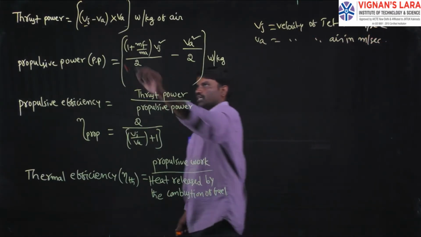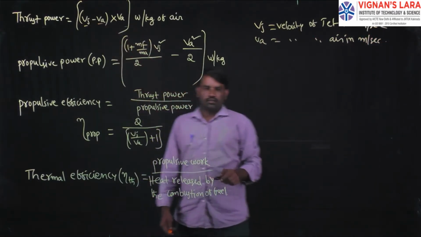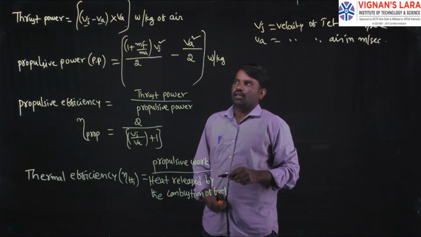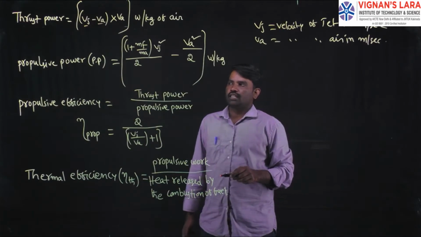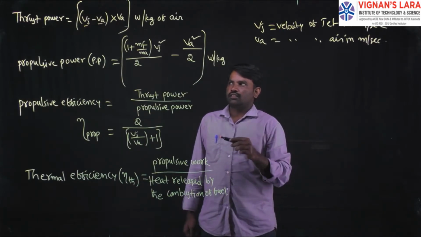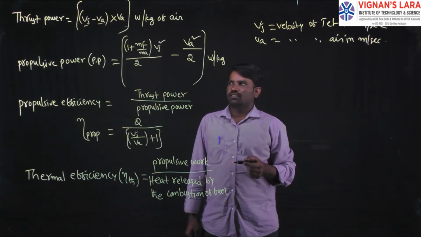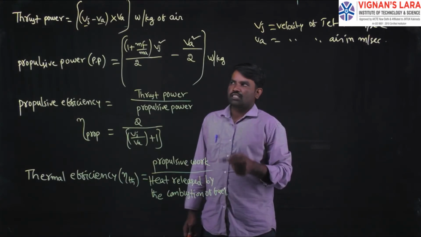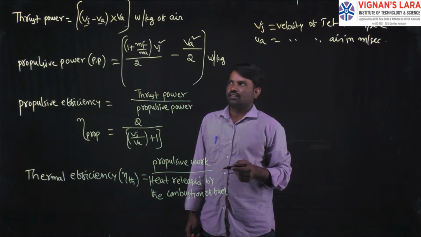Okay, those Vj and Va values we find based on the given data in the problem. Vj we find based on the exhaust condition of the combustion products in the turbine, and after expansion of the gases inside the nozzle body.